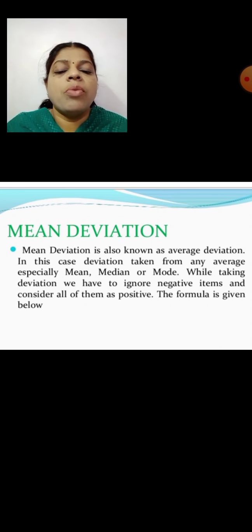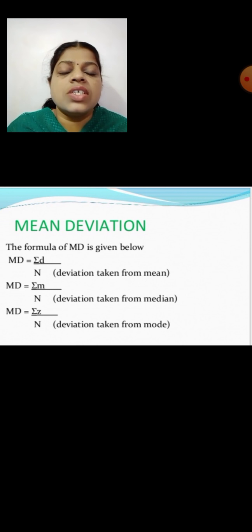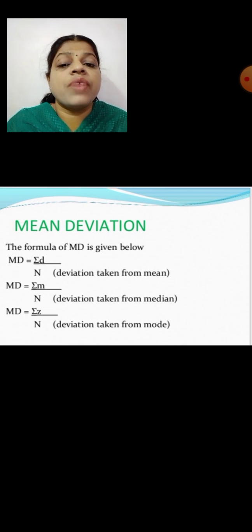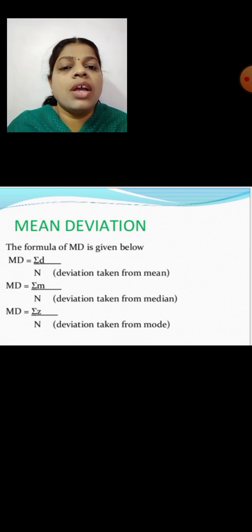And the formula to find the mean deviation: the first one is, if we have to take the deviations from the mean, MD equals sigma D by capital N. You know how to calculate the value of D, isn't it?